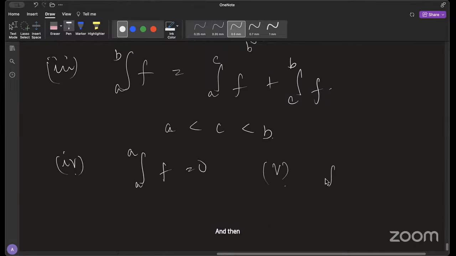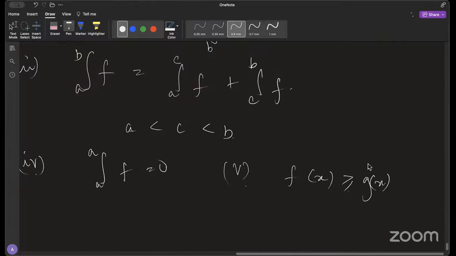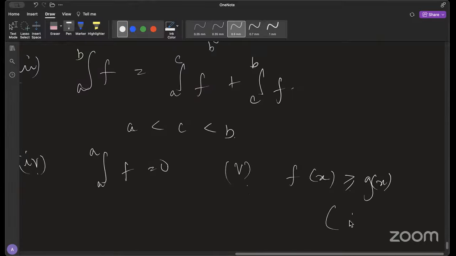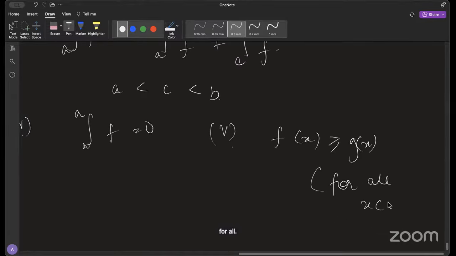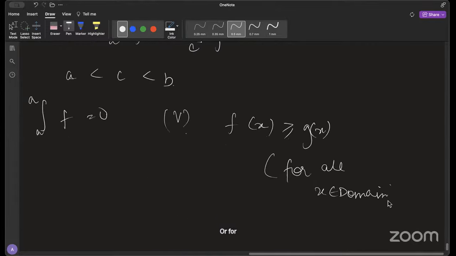And then the fifth one is if your fx is greater than gx for all x belonging to the domain, or for all x belonging to the domain except for some finite x.